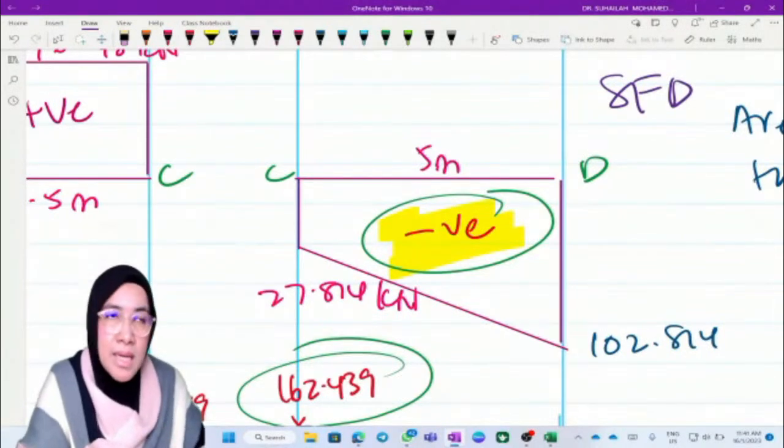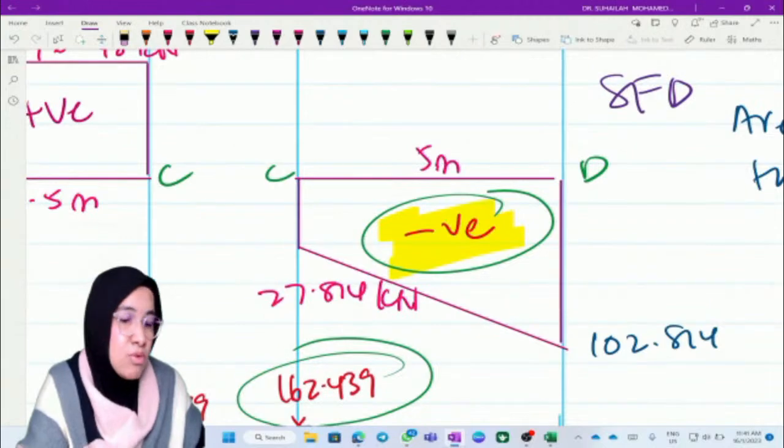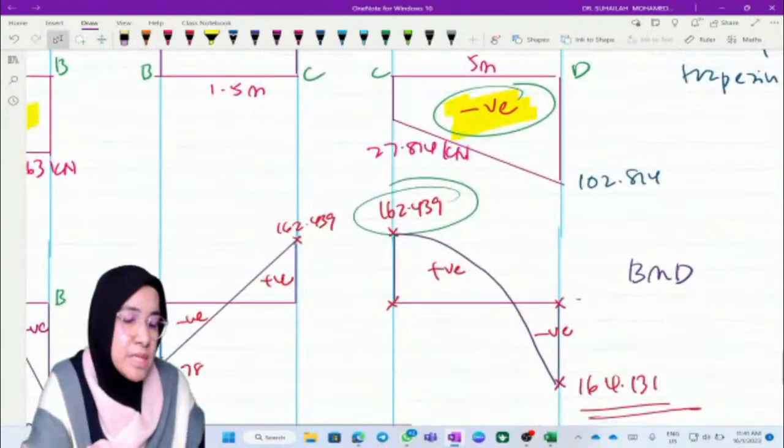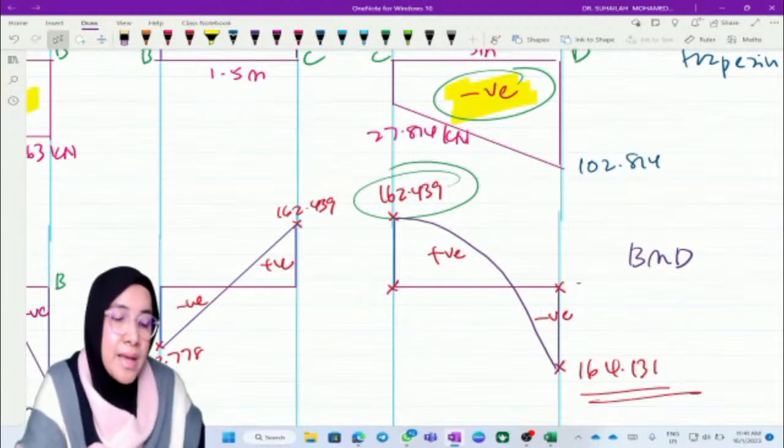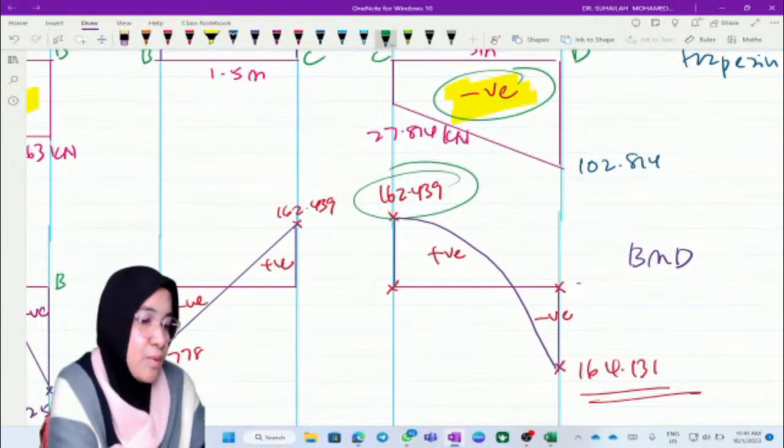But where we have trapezium, we don't get the maximum moment, so we just draw like this.